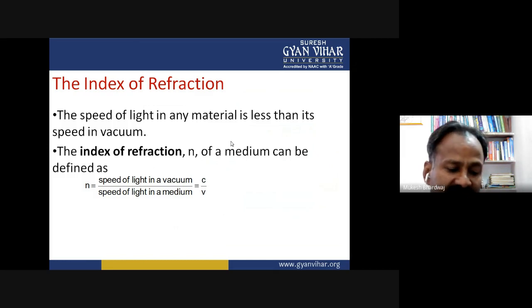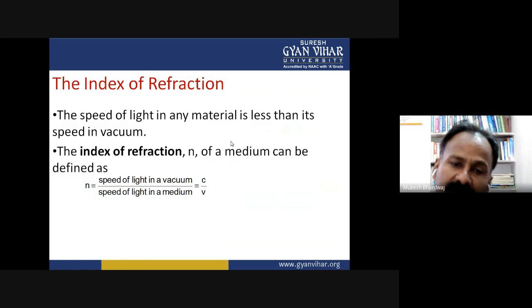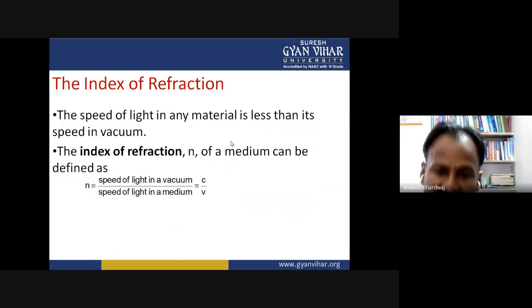So the frequency of light in any medium is equal to the frequency of light in air. Thus, when a light ray from a rarer medium is refracted into a denser medium, its velocity decreases and wavelength decreases, but the frequency does not change.